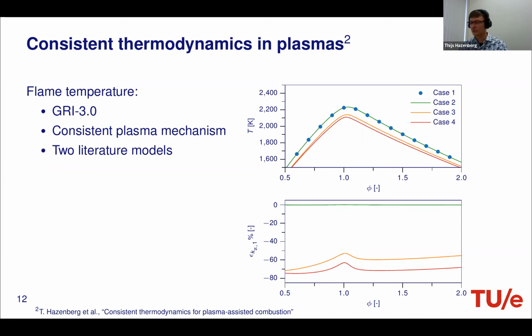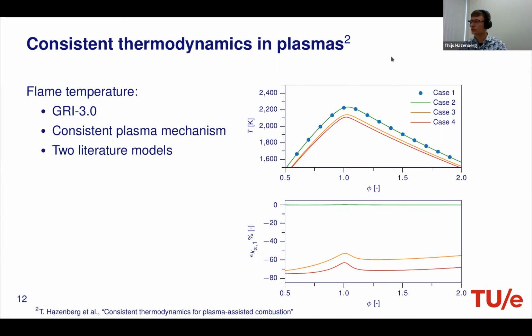This is something that I looked at during my PhD, and what I found was that when you have literature models and you do a chemical equilibrium calculation on it, it can happen that you have a reduction in the adiabatic flame temperature because the thermodynamic data is not modeled consistently. I looked at it and made a consistent method to do this, and in that way we are able to exactly recover the original adiabatic flame temperature.